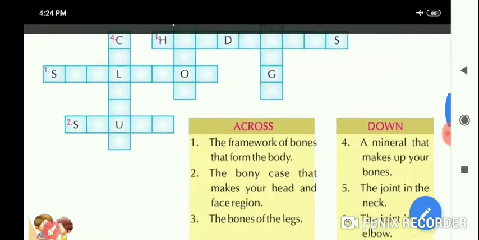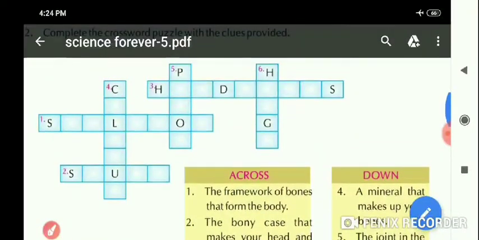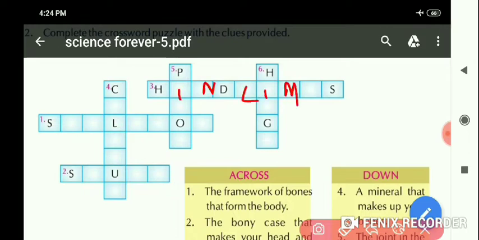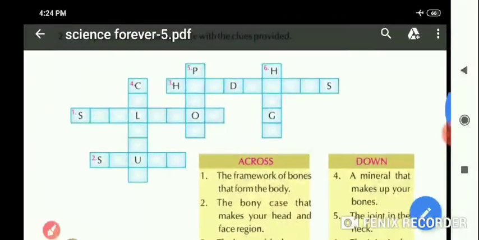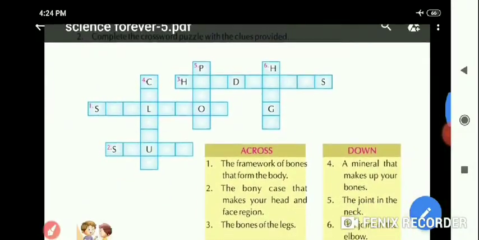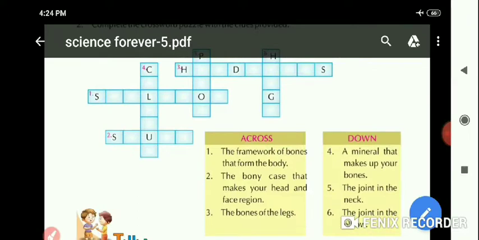Number 3, the bones of the legs, hind limbs. Number 4, a mineral that makes up your bone, calcium.